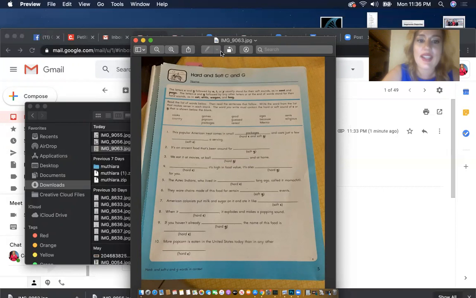So instructions. Lee la lista de palabras que tienes. Luego, lee las oraciones que siguen. Escribe la palabra de la lista que tenga más sentido en el espacio. La palabra que usted escribe tiene que tener el sonido fuerte o suave de la C o de la G. ¿Ok? So, tómenle foto. Si necesitan, les puedo enviar una imagen de esto por parte del grupo de WhatsApp.